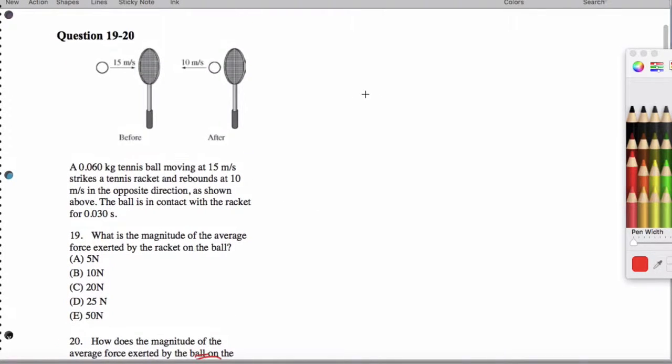Now here though, let's just get this force. The ball comes in at 15, and you see this arrow points in the opposite direction, like it points opposite of this arrow? That's a clue that this is actually negative 10 meters per second. So I'm going to use v equals at plus v naught to get the acceleration. Negative 10 equals a times 0.03 plus 15.